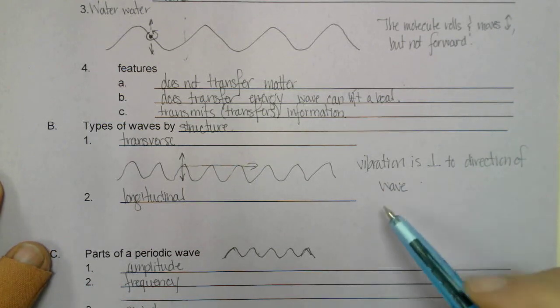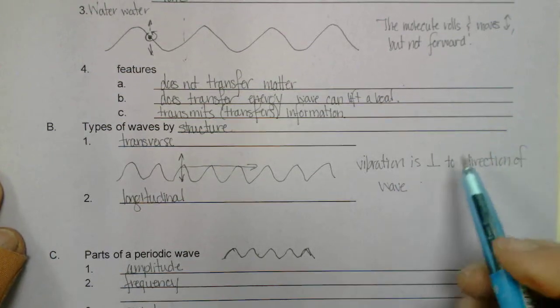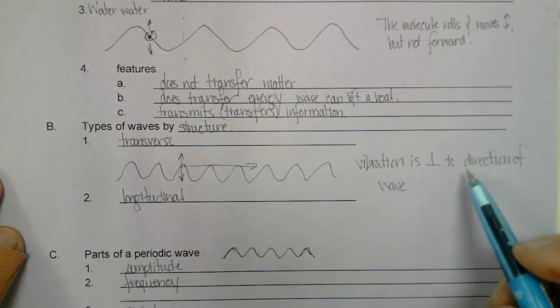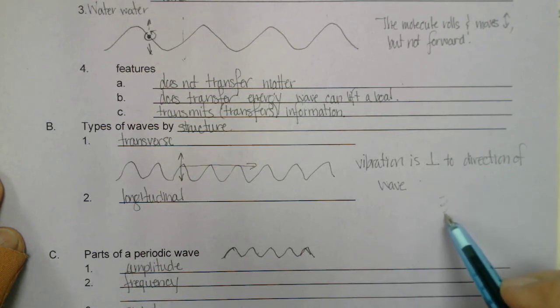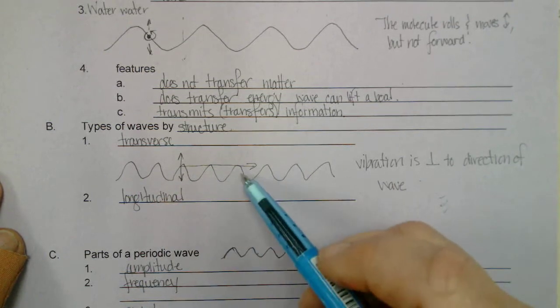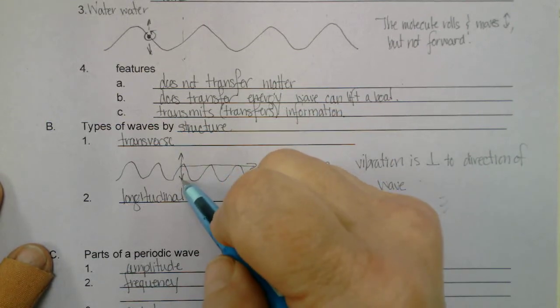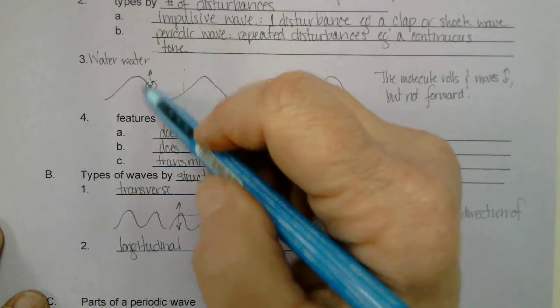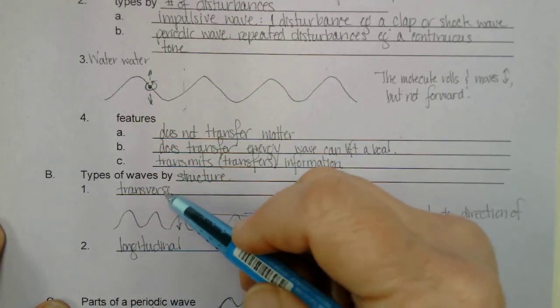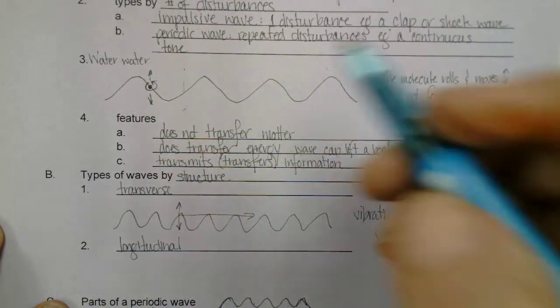Okay, so let's say, for example, I lay a slinky on the ground, and so it looks like this. I don't want to draw a slinky because it doesn't look like this, so I'm sorry. It is vibrating, which you can see through this picture. The slinky I can't use because the slinky is not a transverse wave, so I apologize for saying that.